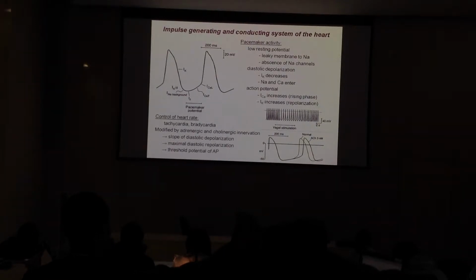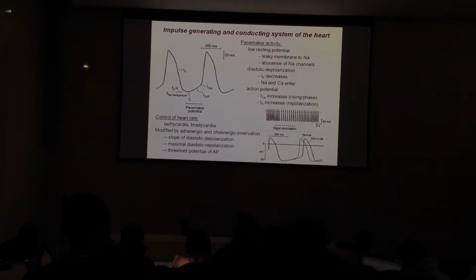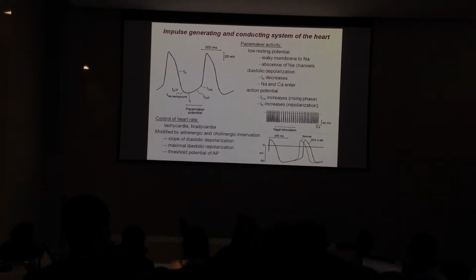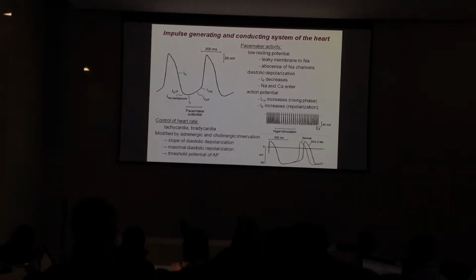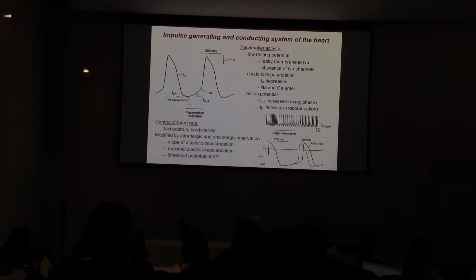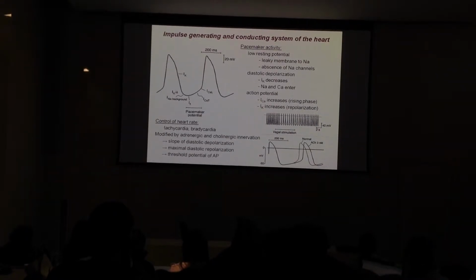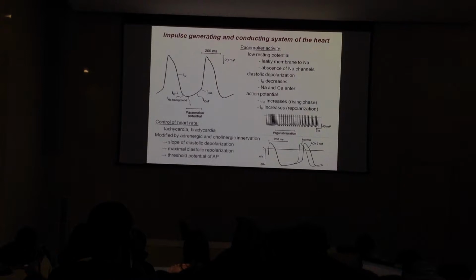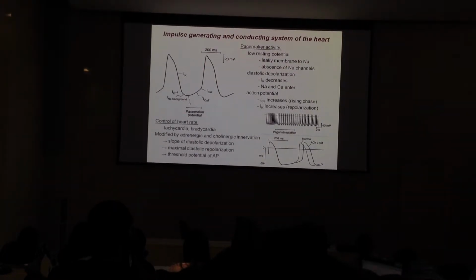Okay, what is the reason of repolarization? Similarly, the calcium channels will close, and the potassium channels will open, and they will result in the repolarization. So this is the slow action potential.